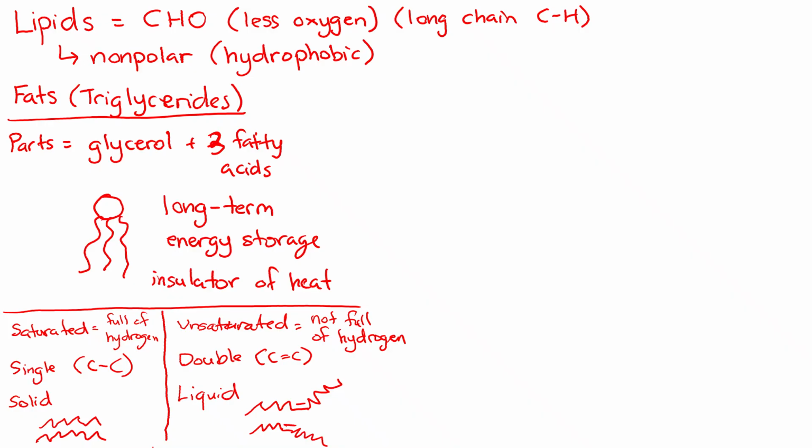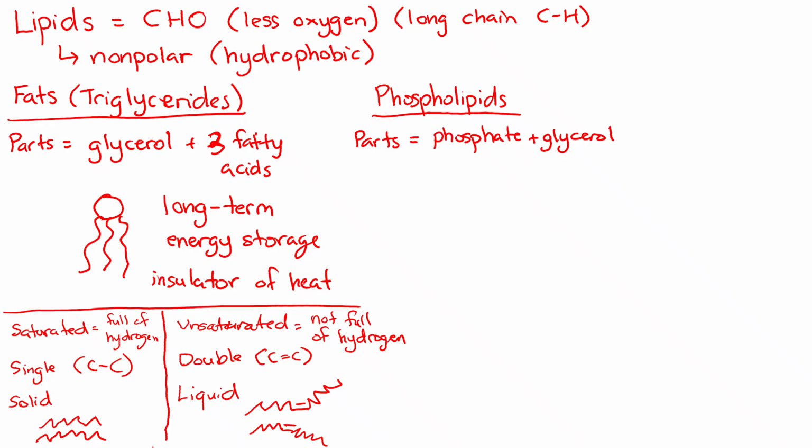Then let's look at our second category, which would be phospholipids. Phospholipids, the parts, include, and I always go in order of the structure, a phosphate, glycerol, and then two fatty acids.